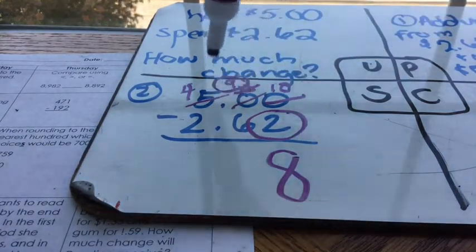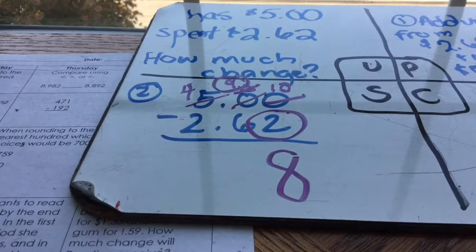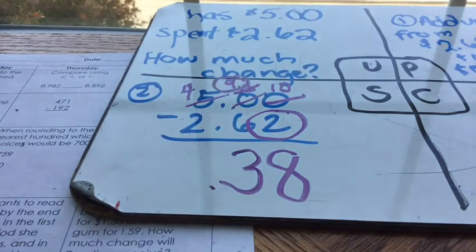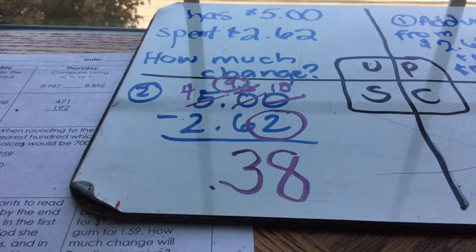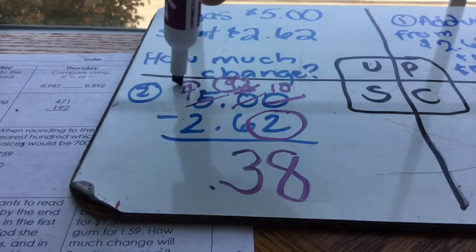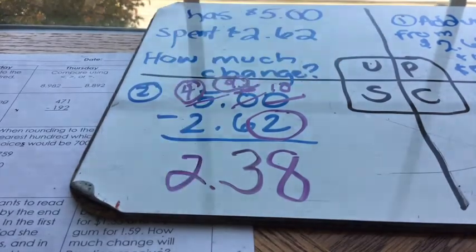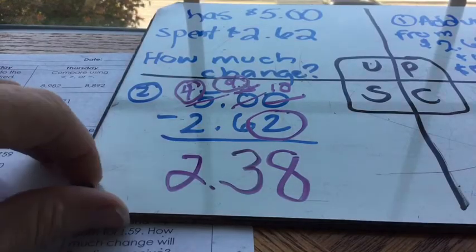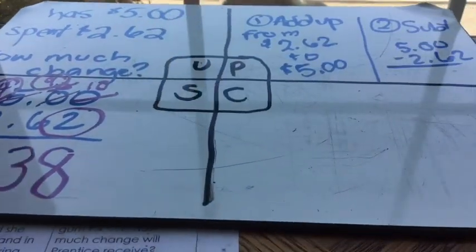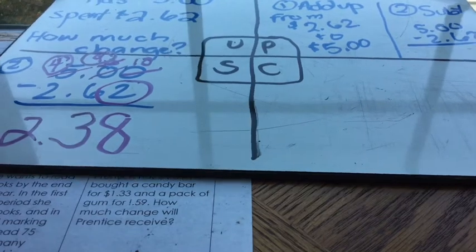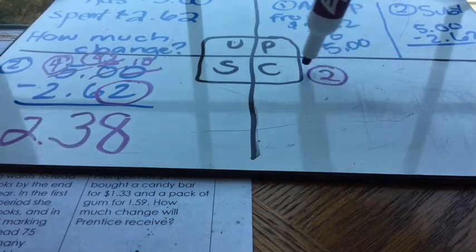Circle my bigger number. More on top. No need to stop. 9 take away 6 is 3. Decimal point to separate our dollars and our change. More on top. No need to stop. 4 take away 2 is 2. Now we're going to check that to make sure that our answer of $2.38 is correct.